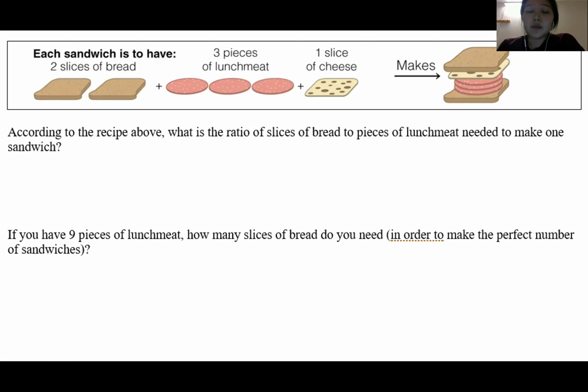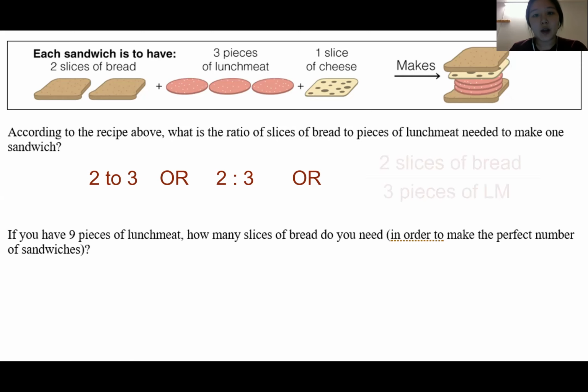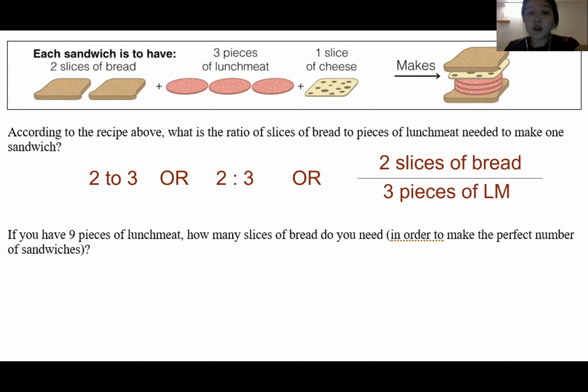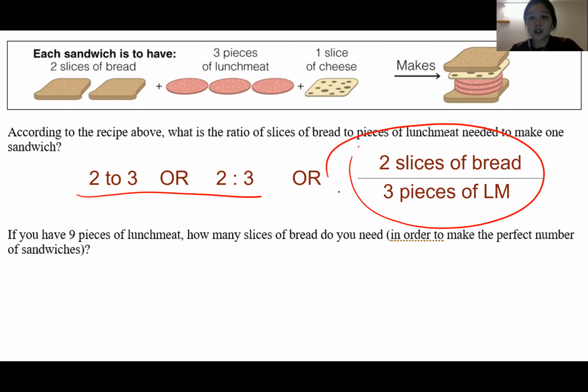According to the recipe, what is the ratio of slices of bread to pieces of lunch meat needed to make 1 sandwich? We see it right on the recipe: we need 2 slices of bread for 3 pieces of lunch meat. In math, we tend to write ratios as fractions, like 2/3.